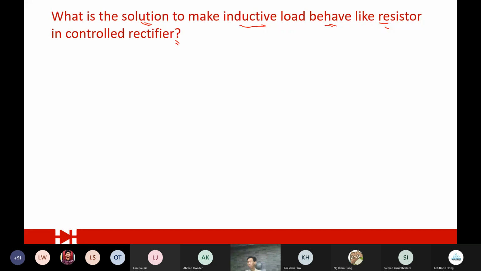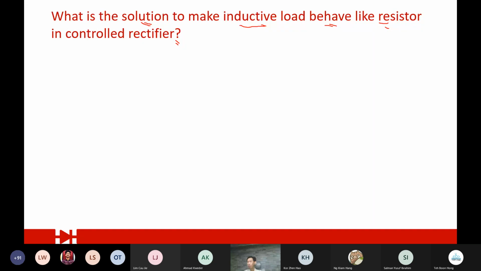Can anyone guess what would be the possible solutions? In fact, I already taught this in our very first chapter. I already showed the solution in our very first chapter. Not sure you all still remember it. So add the capacitor?